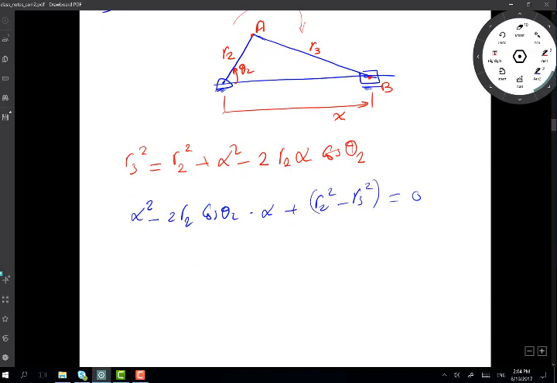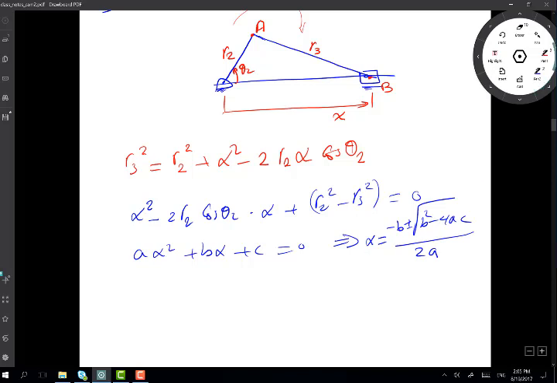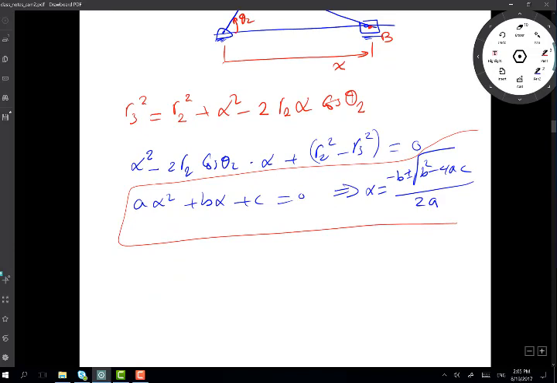Very much similar to when you say ax squared plus bx plus c equals 0, if you remember, the quadratic solution which has roots x equal to minus b plus or minus square root of b squared minus 4ac over 2a. Remember something like that on the side. All right, so let's apply this here to find an expression for x.